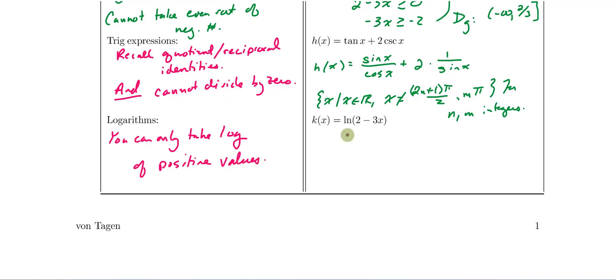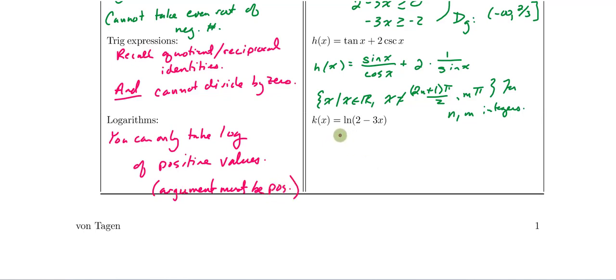Okay. So careful. Notice I didn't say that x has to be positive here. I didn't say when you're dealing with logarithms, x has to be positive. I said the expression that you're taking the logarithm of, that's sometimes called the argument, and the argument must be positive.